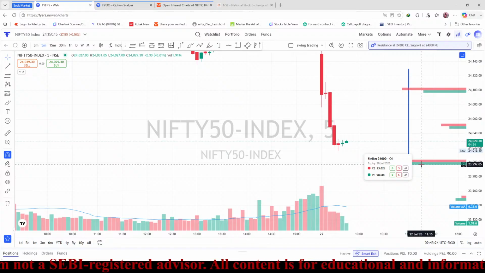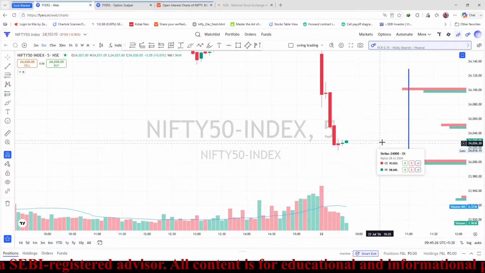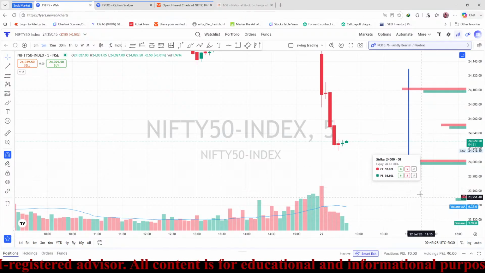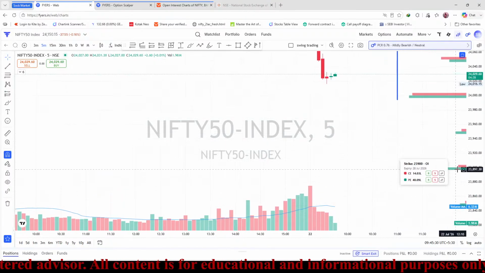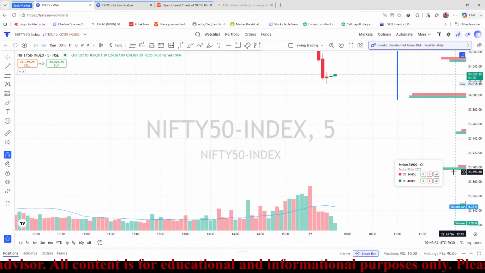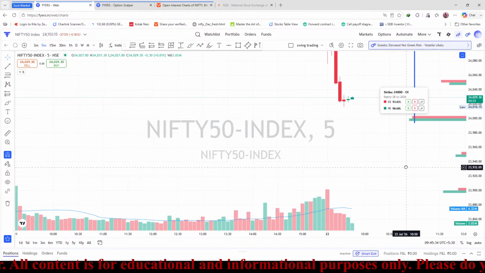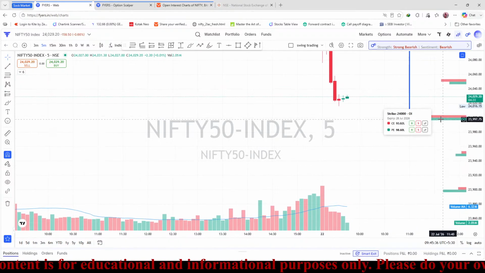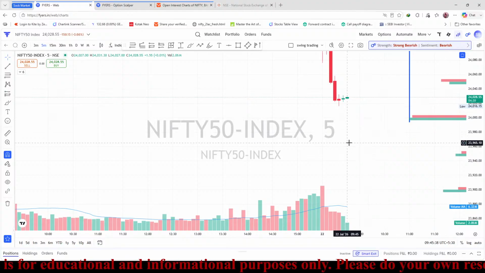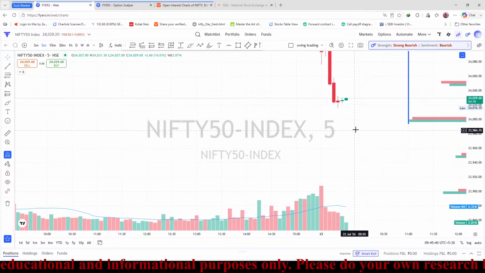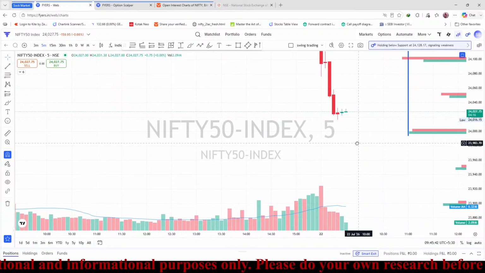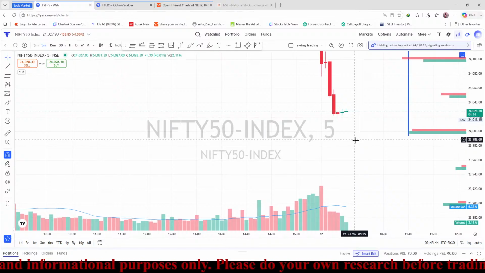It's not so far, only 5 lakhs. Maybe in a couple of minutes it will accumulate at this location. On the downside I can see 24,900 put options is more, but if 24,000 breaks, many people's psychology levels will break, and then the chances of selling are more. So that's what is happening now.